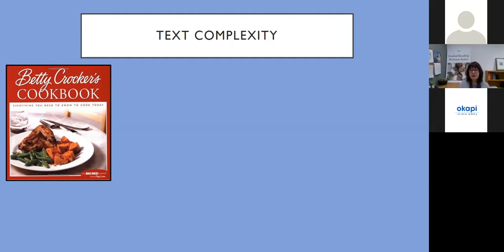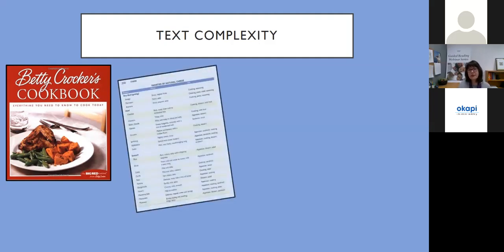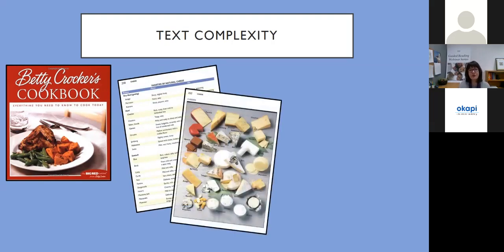So one of the things that this cookbook does is it gives you lots of background information on things like different kinds of cheese. It gives it to me not only in a list form to help me know about the name of those cheeses and what their uses are, but also gives me lots of photographs. So there are lots of kinds of supports in this book that help me as someone who's just learning about this topic to be able to access the information.